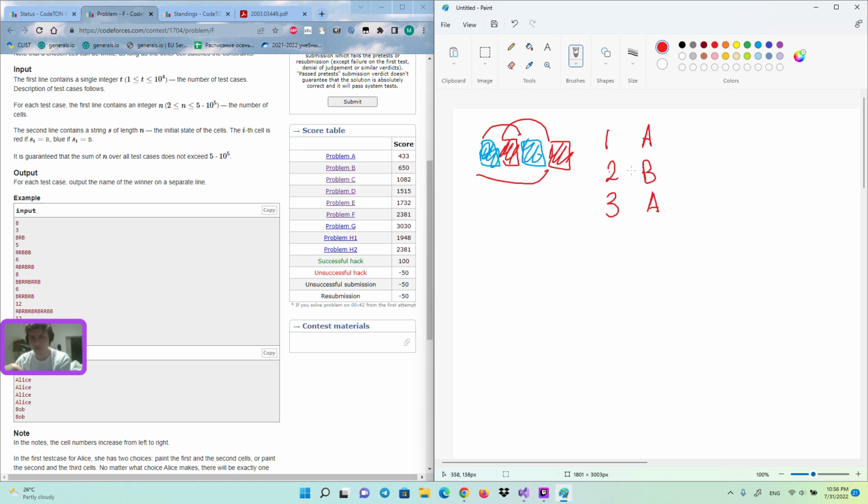Let's assume that we have some length n. Then we can destroy two of these, and this becomes k and n minus 2 minus k. Yes, this becomes two independent games.